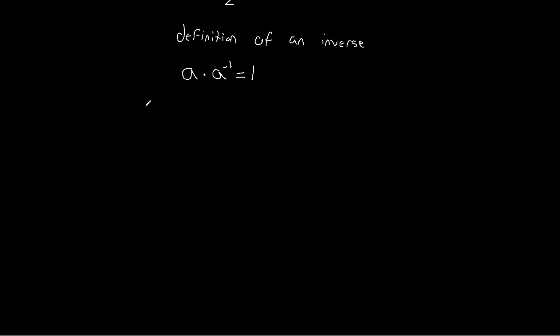From this logical conclusion, we can use this definition to wrap our minds around the idea of an inverse matrix. Because we have this idea of A in matrix form, and we have this idea of 1 in matrix form, we can set up this exact same equation to figure out what the inverse of a matrix would be. In matrix form, we designate a matrix, as always, with a capital letter.